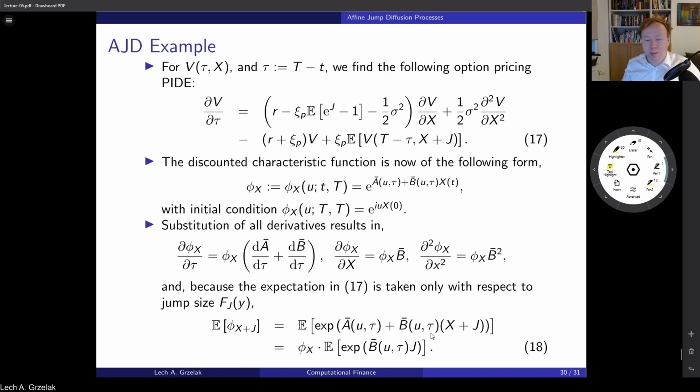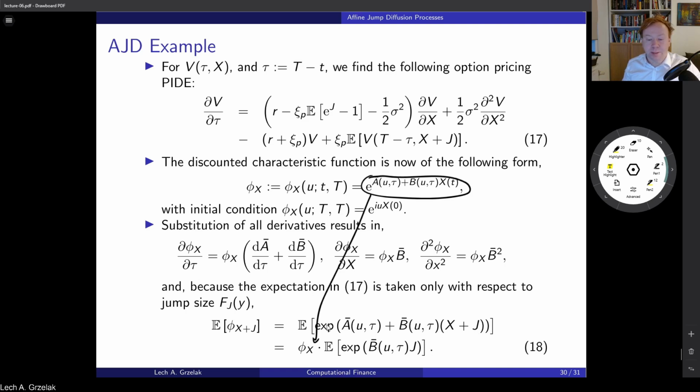You can see that we would end up with a characteristic function, because we have independence between x and J. So we have the characteristic function of J and the characteristic function of x, which is defined here. So it's basically this term, A plus B times x, times the expectation of the exponent of B times J. So this is what is left, right?